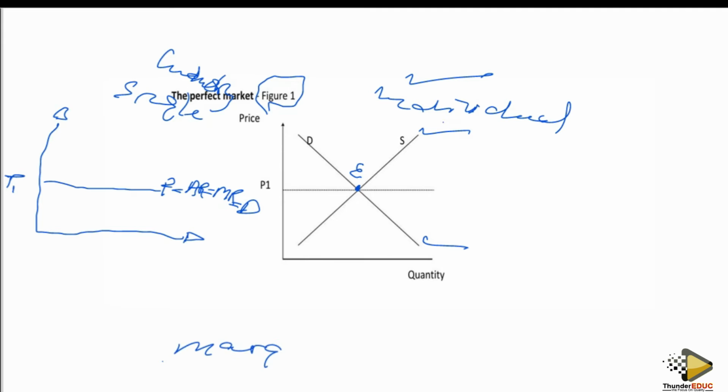Whenever we talk of the word marginal in economics, we refer to an additional. So when we talk of marginal revenue, we check an additional amount of income that comes into the business once the business has an additional extra cost.